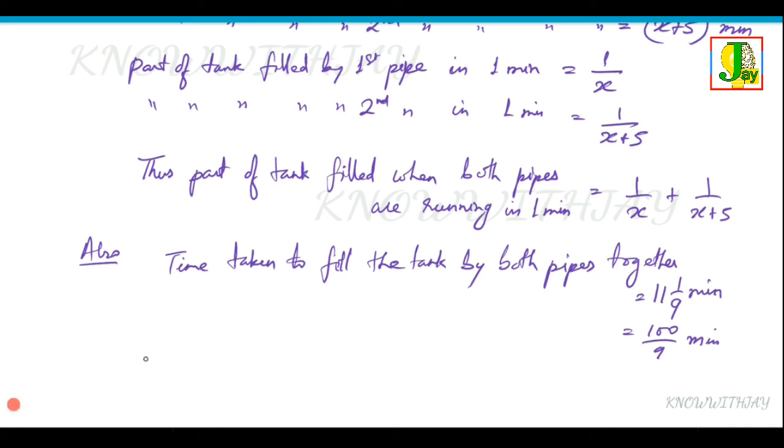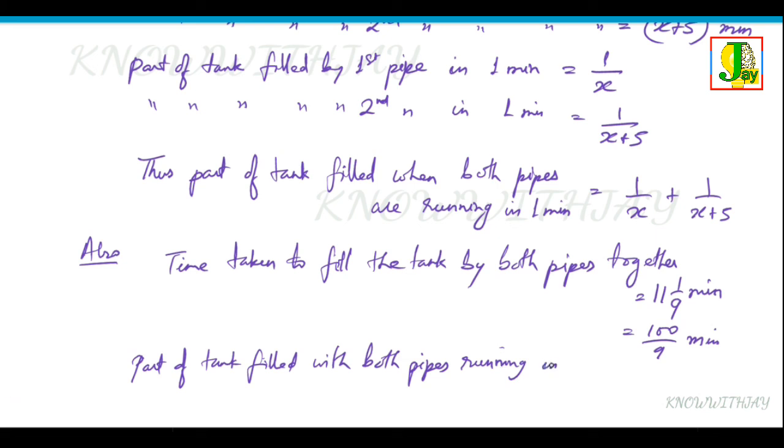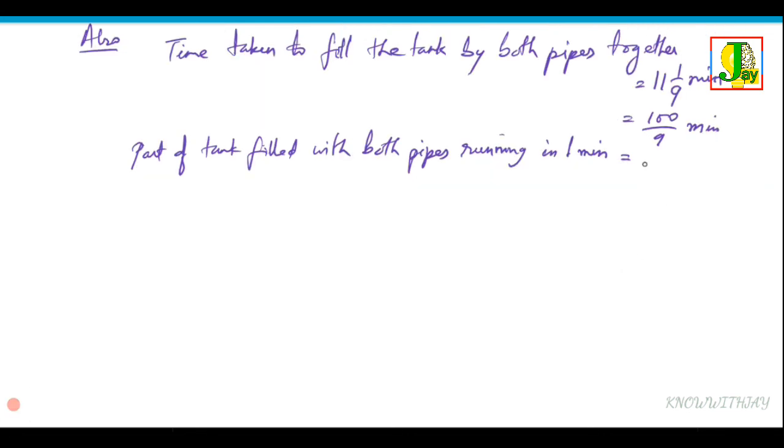So the part of the tank filled with both pipes running in 1 minute equals 1 upon 100 by 9, that's 9 by 100th part of the tank.